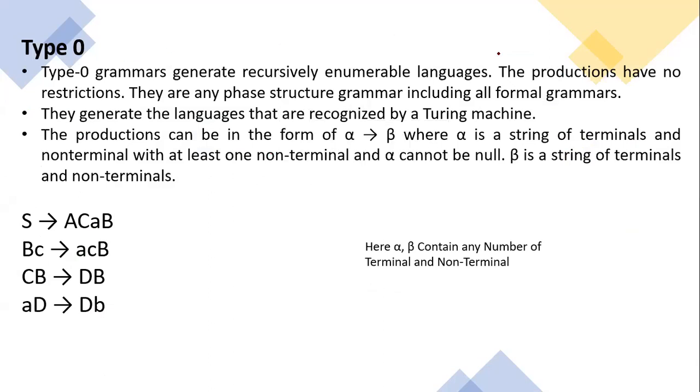In type 0 grammar, the productions, or grammar rules, have no restriction. This is called type 0 grammar. In this production, we have some elements. This is called a production: S tends to ACAB.